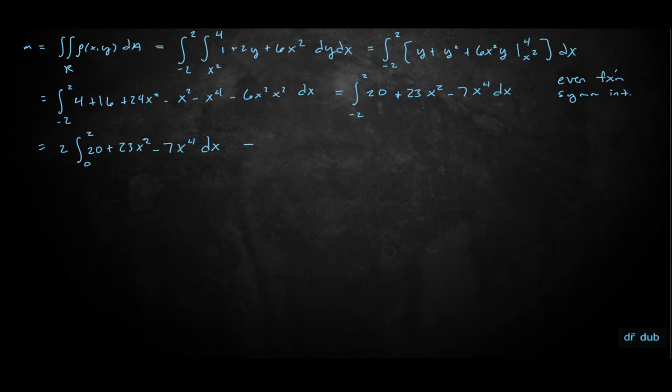Now I can integrate pretty easily. 2 times 20x plus 23 over 3 x cubed minus 7 over 5 x to the 5th, from 0 to 2. Plugging in the bounds, we get 2 times 40 plus 23 over 3 times 8 minus 7 over 5 times 32.